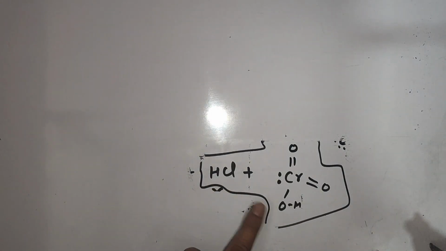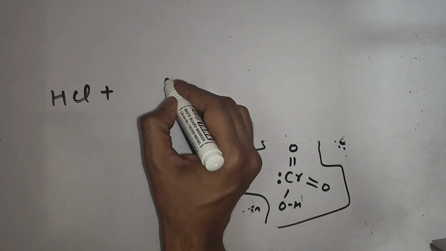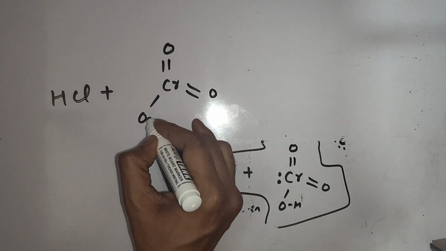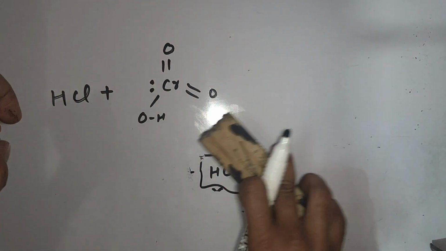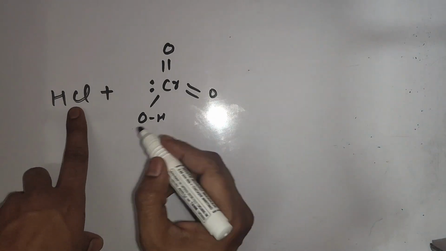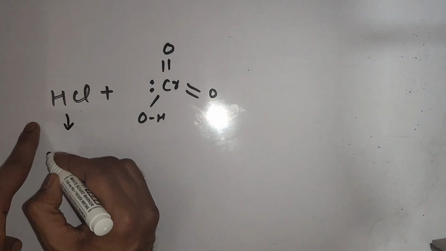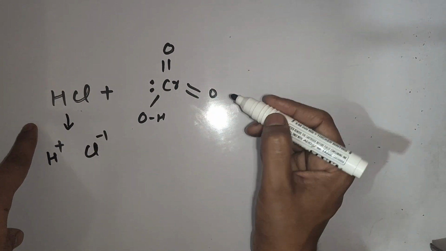Now if I talk about this HCl and this one. As you know, HCl is a strong acid, it will break into two parts, H positive and Cl negative.